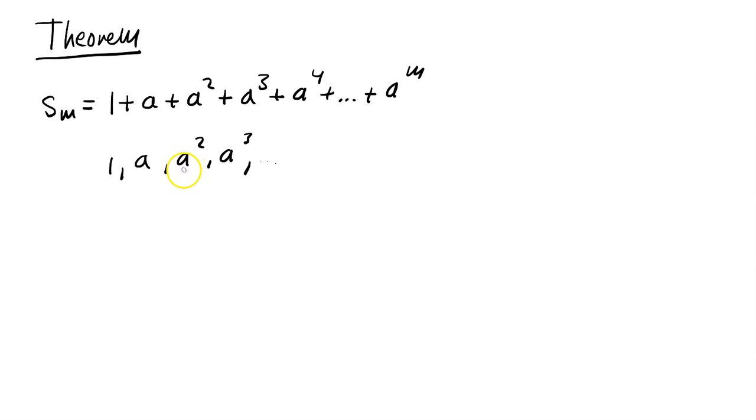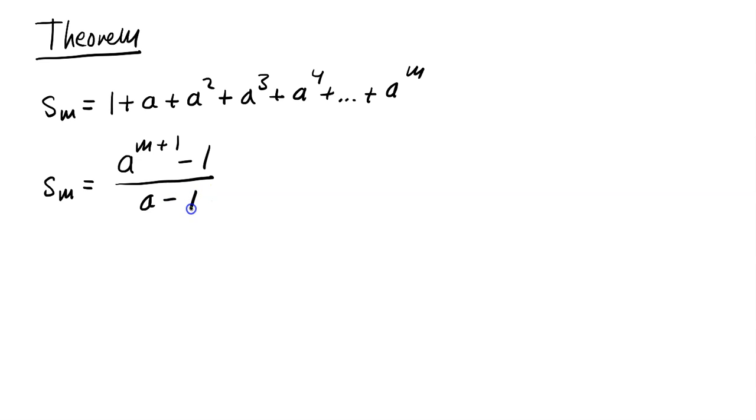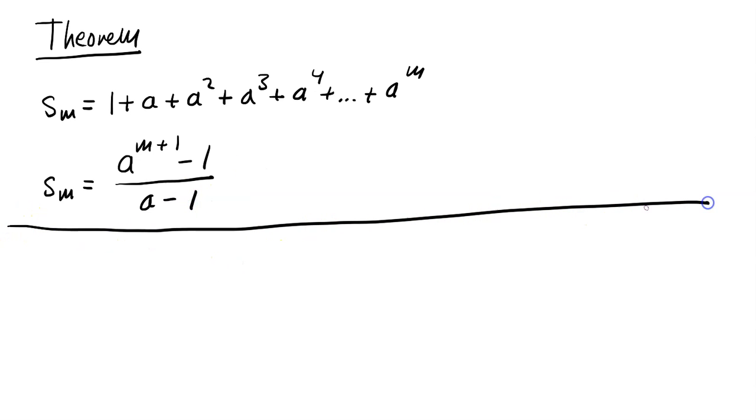So that's a geometric progression. If you add all those up, then you get this sum. And you can show that this sum is given by the following explicit formula: a^(n+1) minus 1, divided by a minus 1. Okay, so that's the theorem.